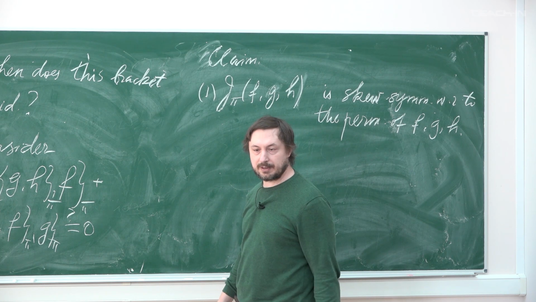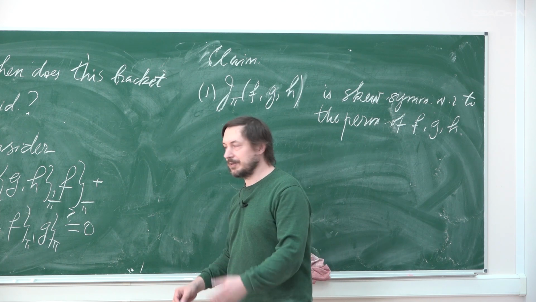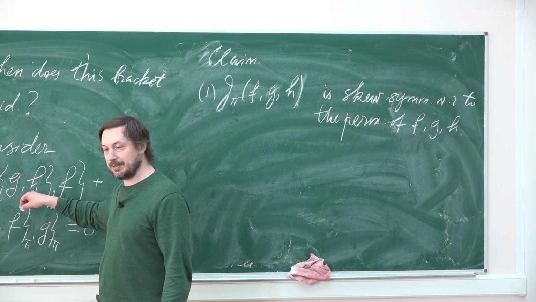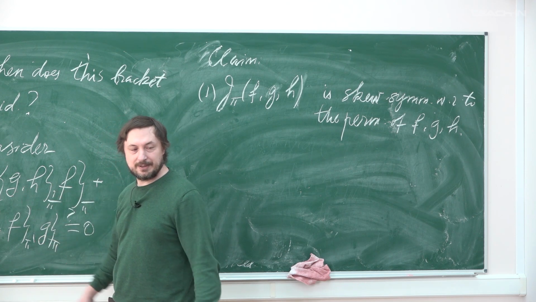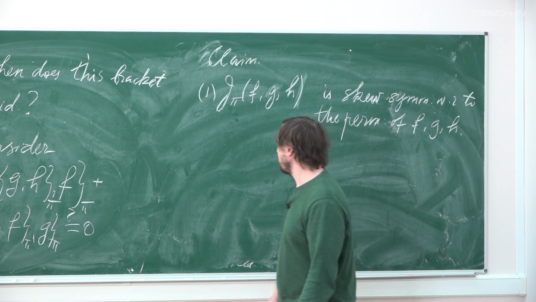And it's easy to check, right? There are only 6 permutations of 3 elements, and we just use the Jacobi identity and the skew-symmetry of the bracket to check that the sign we earn is precisely the sign we need.